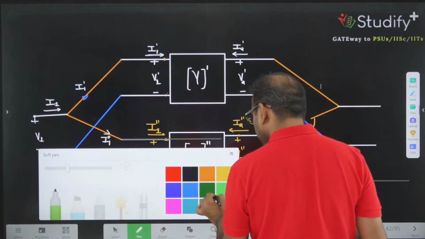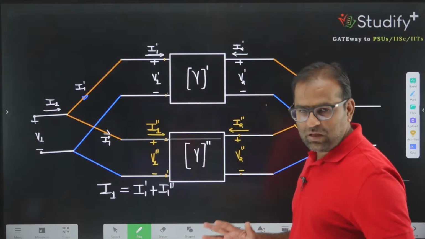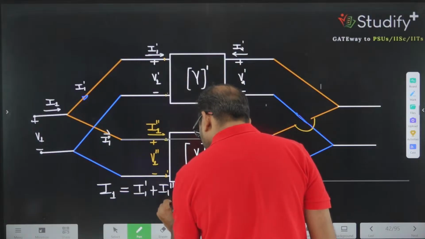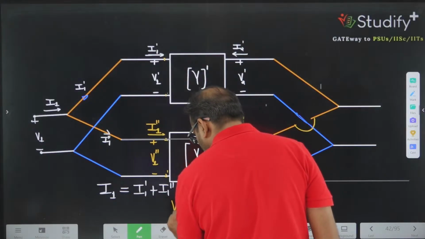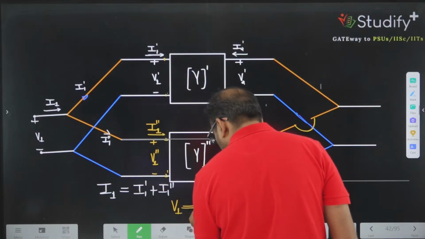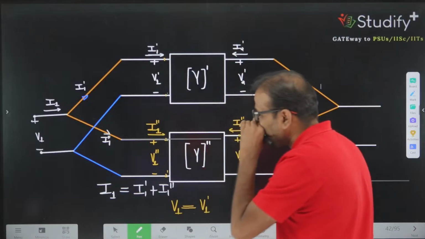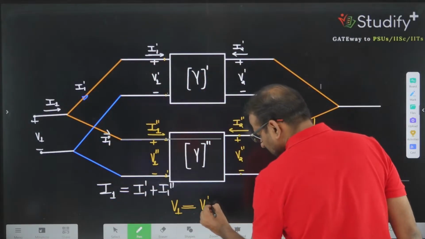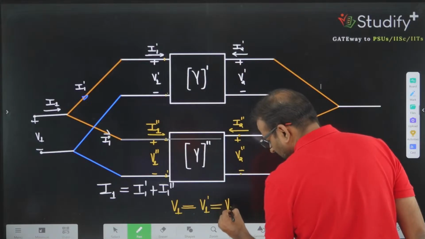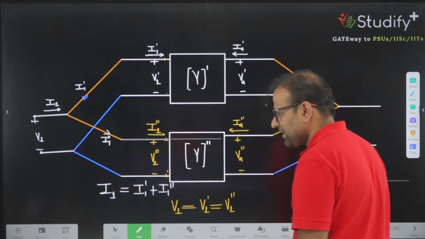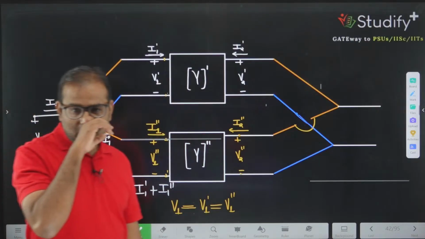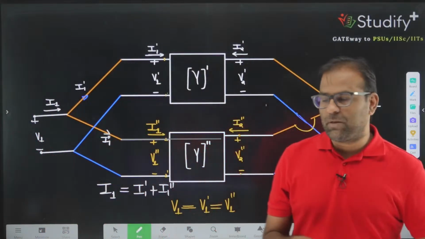So from very basic knowledge of parallel and series voltage distribution, we can say V1 is equivalent to V1 prime, means this voltage and this voltage is same, and this is equivalent to V1 double prime, correct? These two equations are valid when I am writing the equations for port number 1.